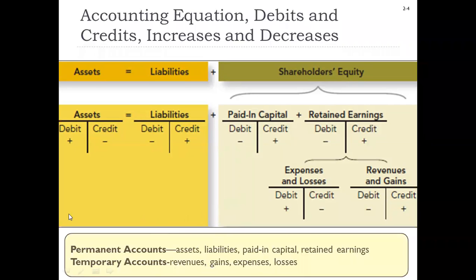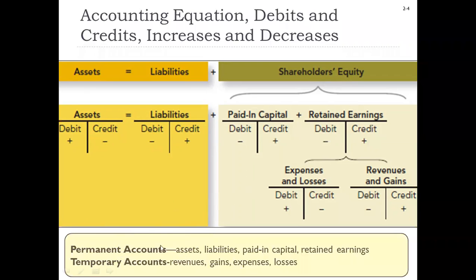So we accumulate or keep track of our revenues, for example, to see how much revenues we have for a year. And then when we start the new year, we zero those out and start the new year with zero. So we can keep track for that one particular year. So temporary accounts we're only accumulating for a period of time, again, usually a year.